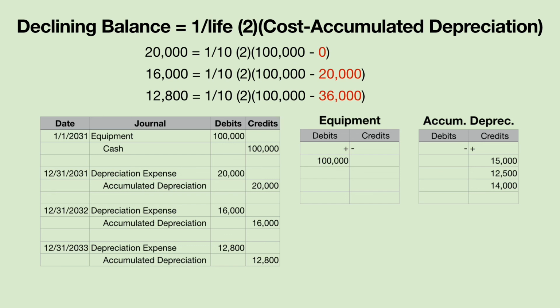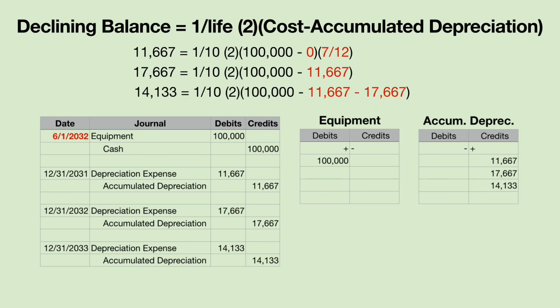So, and I want you to be able to do 3 years of this. So in the third year, when you do the depreciation calculation for the third year, what will the balance in accumulated depreciation be? Well, it would be the sum of all the previous depreciation taken. So it would be the sum of 20,000 plus 16,000, or 36.